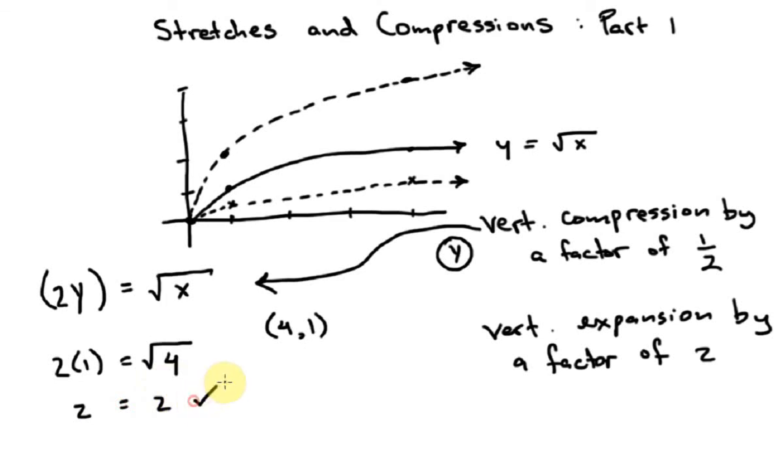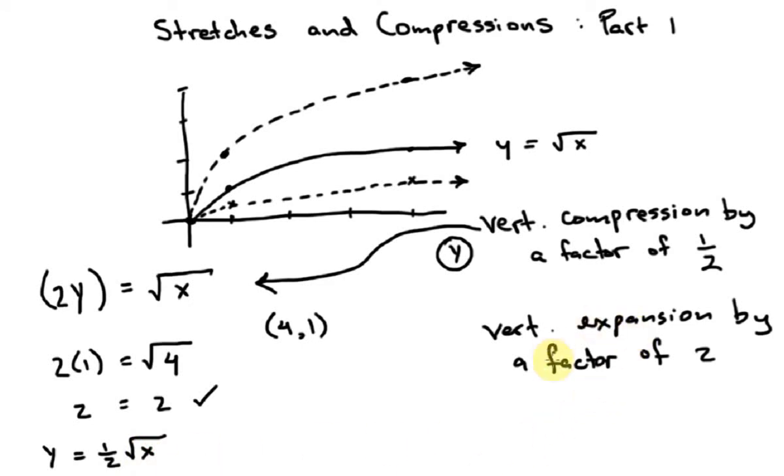Yes, it is true. That's exactly the right change we want. Be warned, often they write these explicitly, so they might have divided the 2 over to the other side and written it as 1/2 times the square root of x.